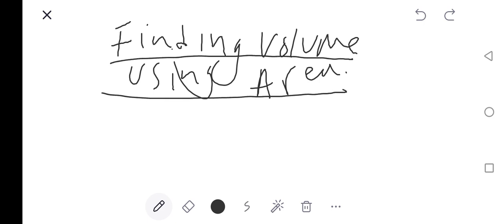We start off finding volume using area, not using the sides. Did you get that?